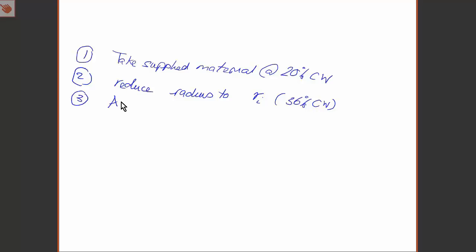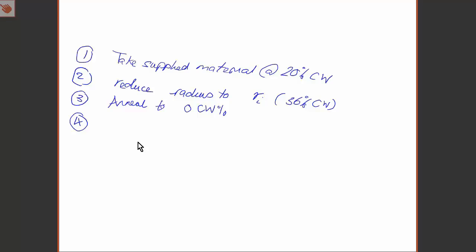So here we anneal. We don't know the temperature, don't know the exact material, but we need to do an annealing stage, and at the end of the annealing stage we can consider the material, even though its diameter is reduced, is now returned to 0% cold work state.